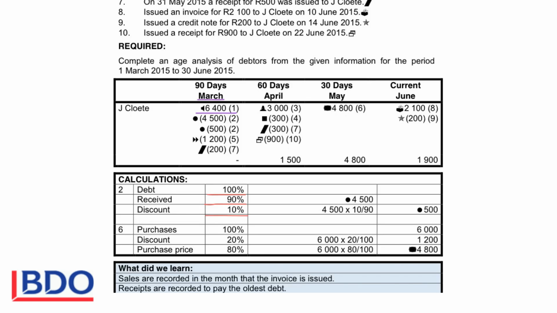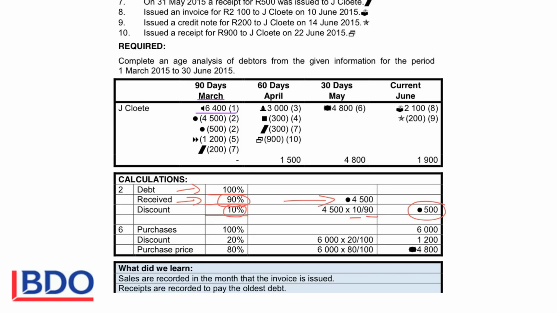Then it's very important to determine whether they give you the debt or whether they give you the amount received. In this case, the amount received was given, 4,500. Therefore, the discount will be the one that we want, 10 at the top, the percentage that we know, 90 at the bottom, and that will give us the discount as 500 Rand.